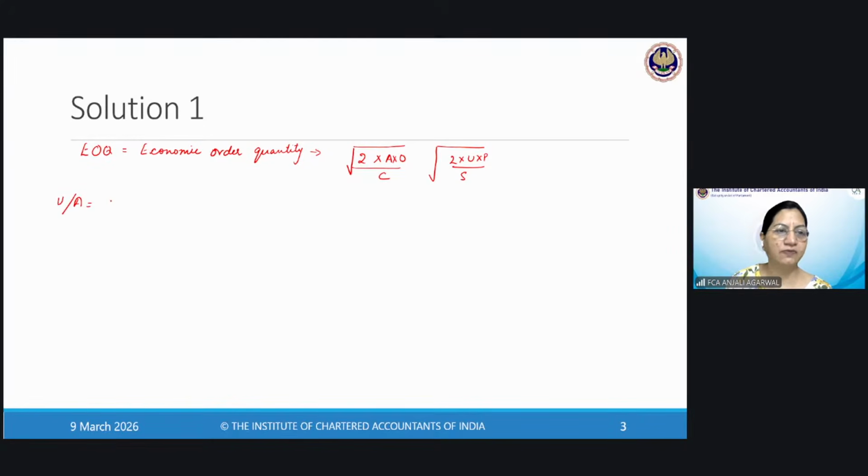A or U stands for annual usage. How much is your annual usage? O stands for cost of placing an order. In EBQ, it is the cost of setup.